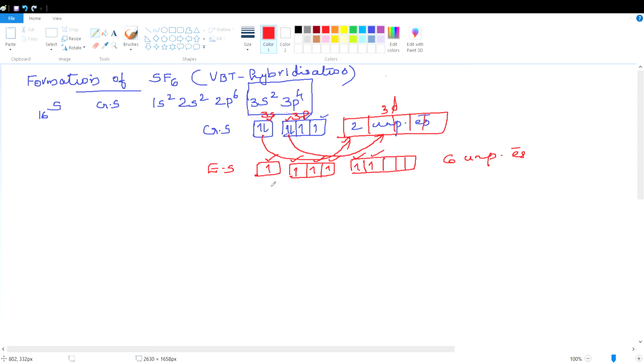Now these unpaired electron containing atomic orbitals will undergo hybridization. Which hybridization? 1 s orbital, 3 p atomic orbitals, 2 d atomic orbitals. So the hybridization is sp3d2 hybridization. And this hybridization results in how many hybrid orbitals?